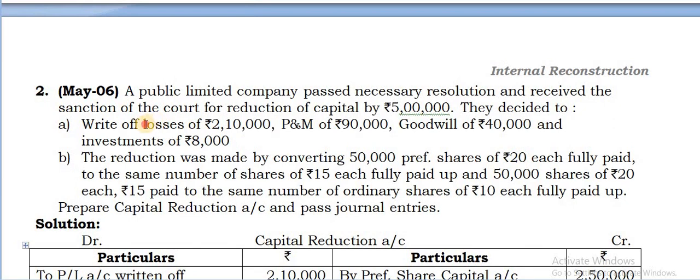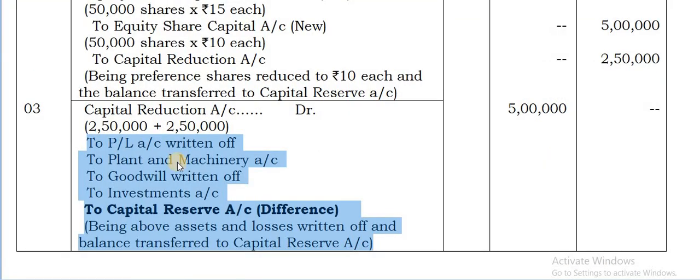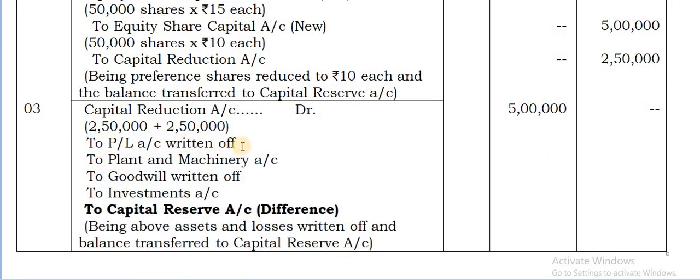Give a credit to profit and loss account, to plant and machinery account, to goodwill account, and to investments account, with these amounts. Still the difference goes to capital reserve account. So to profit and loss account, the amount written off there, that you write. Then to plant and machinery account, to goodwill account, to investments account, then to capital reserve account.